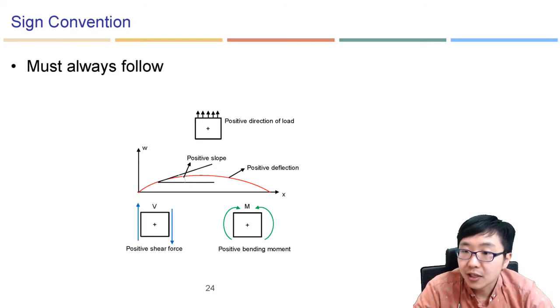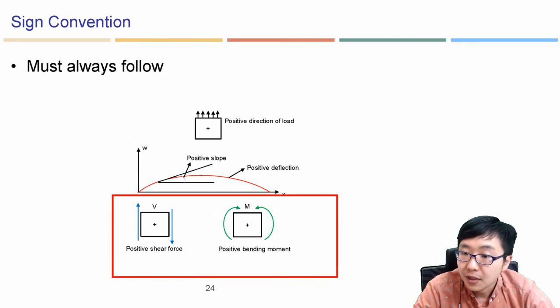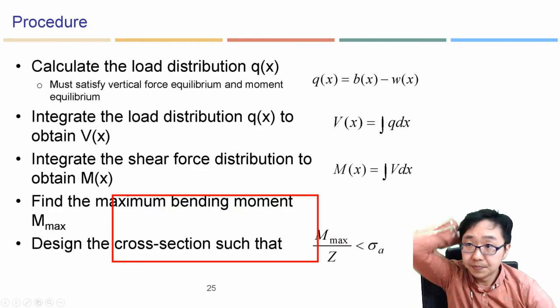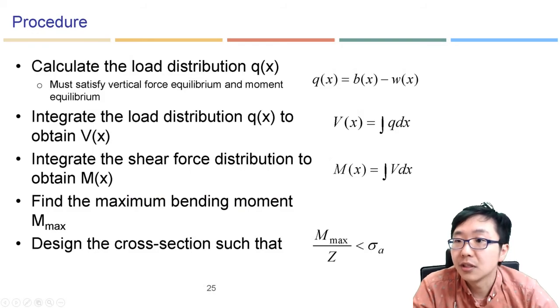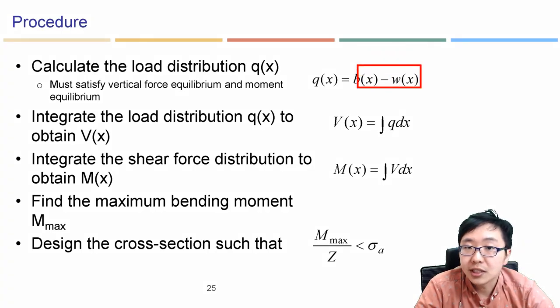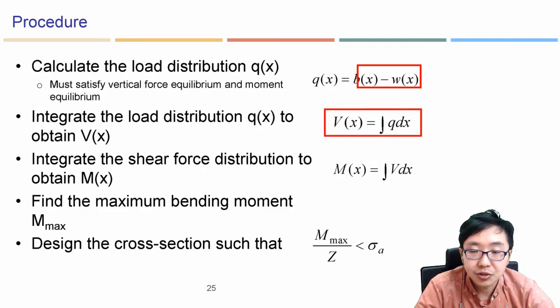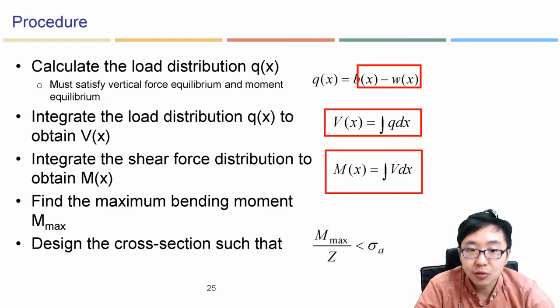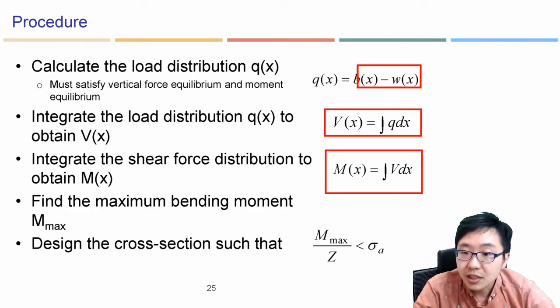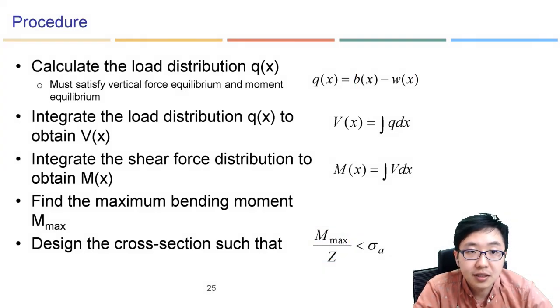And sign convention, we have defined the sign convention before. Positive shear and positive bending moment are represented here. So what was the procedure? First of all, we need to calculate the buoyancy and the weight distribution and integrate it so that we can get the shear force distribution, integrate again for the bending moment, and we can design the section such that, here, this is bending stress actually.